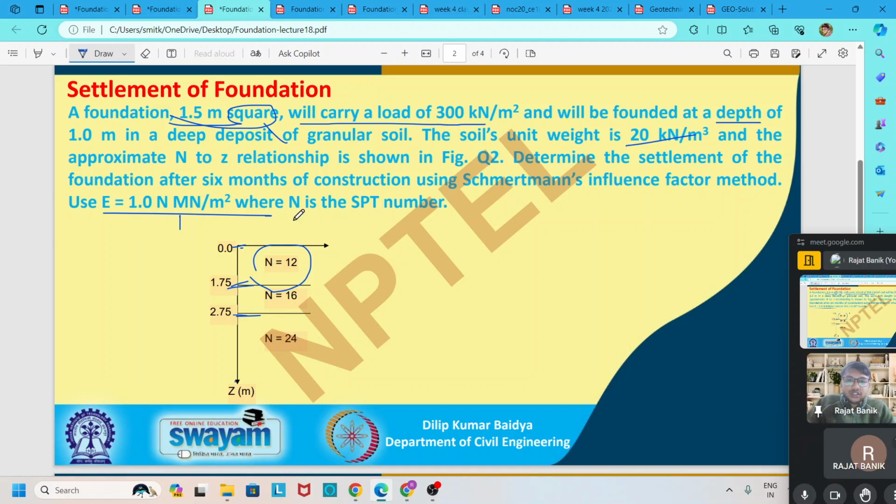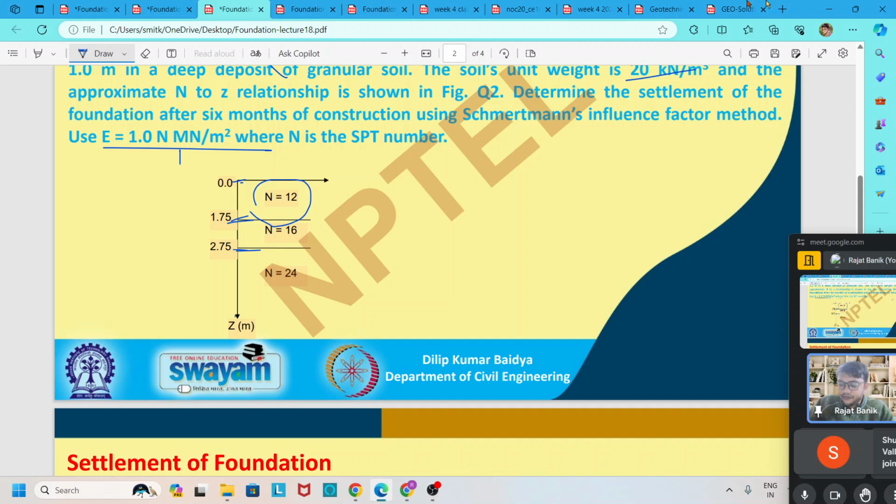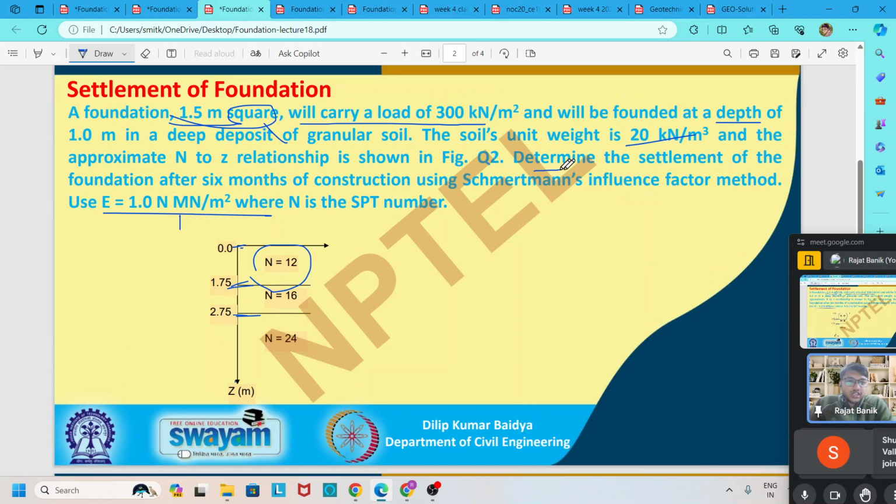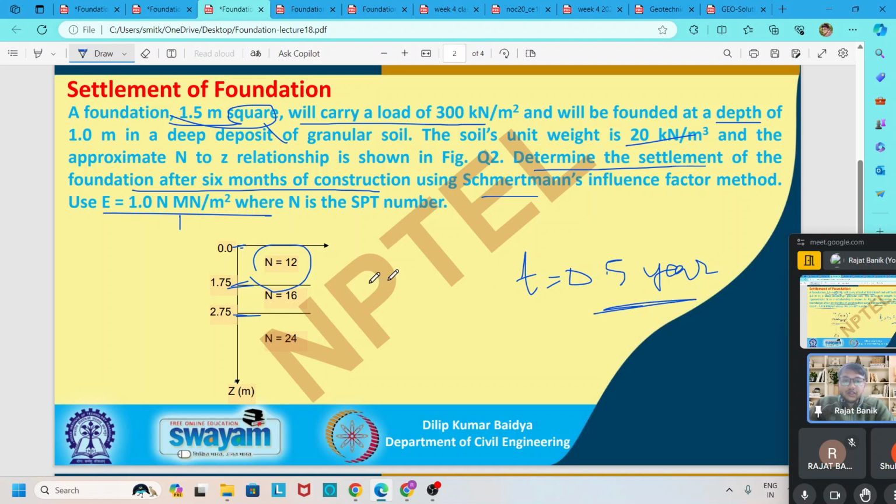Then the depth of the foundation is given, and it is asked to find the settlement based on Schmertmann's influence factor method after 6 months of the construction. So our t is 0.5 because t is in years in our formula.